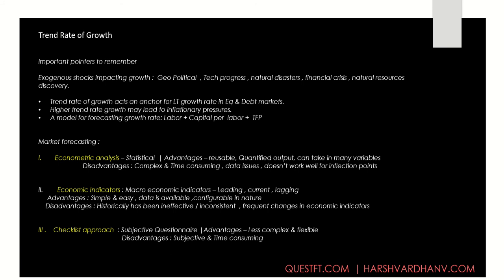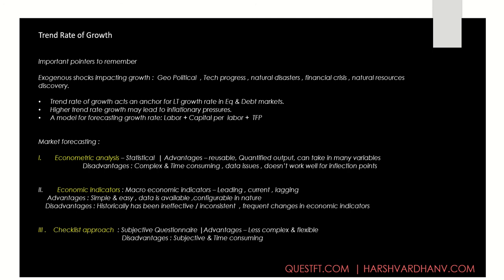The disadvantage is obviously that since it's subjective and requires a checklist approach, it's always time consuming, and it's not really reusable. If you see part one, the econometric model, the advantage is that it is reusable, but with this checklist approach, whenever you go out to check the pulse of the economy, you always have to change your model and change your questions.